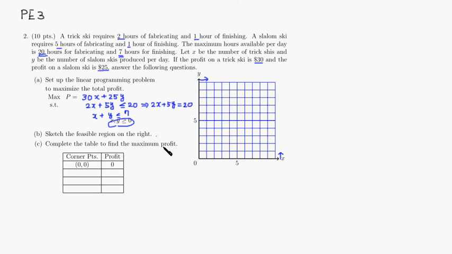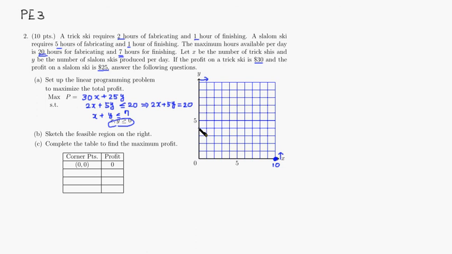Let's find the x-intercept. We set y equals 0, so you have 2x equals 20, so x is 10. It's going to go through 10 right here. For the y-intercept, we set x equals 0, so 5y equals 20, so y is 4.